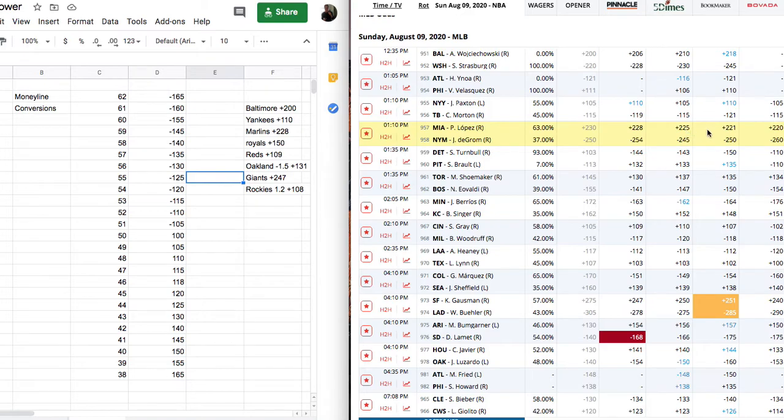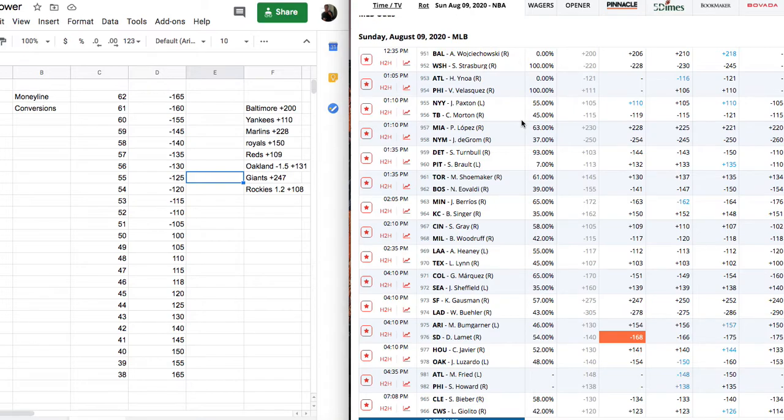Now it's moved to 221. So because the public is playing Miami, this line has gone down. Now that's still good value as compared to our power rankings, but that's what happens when the public plays a line, and it's especially true on a favorite. That line will shoot up.